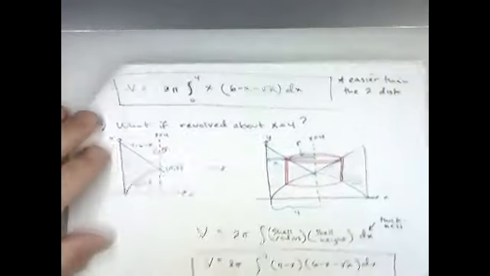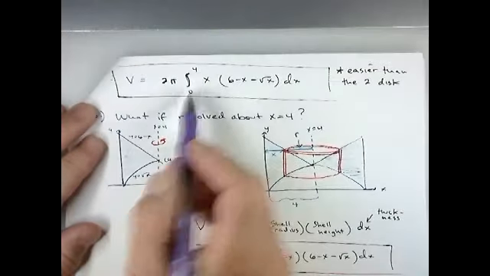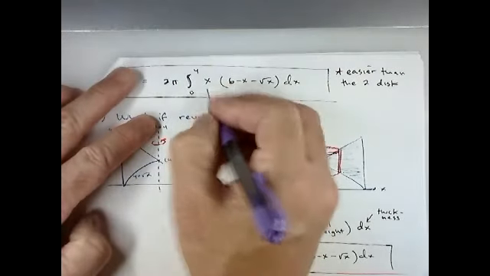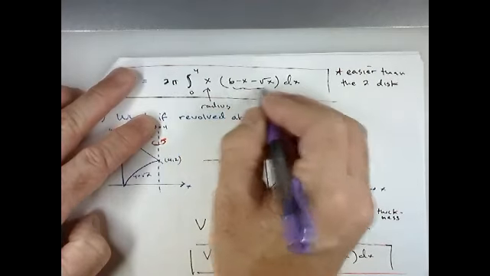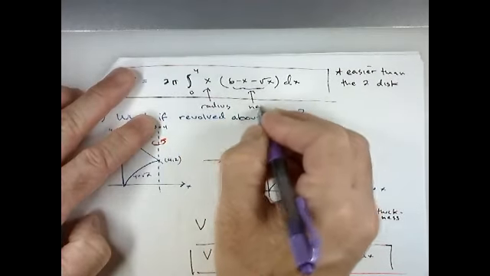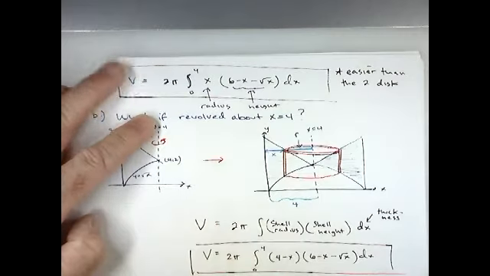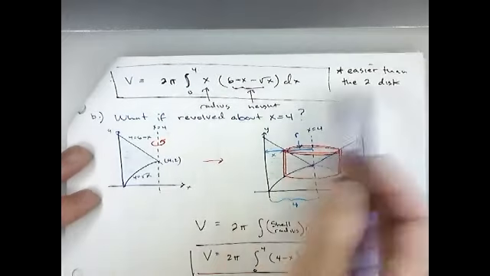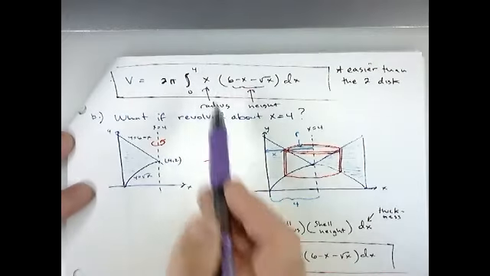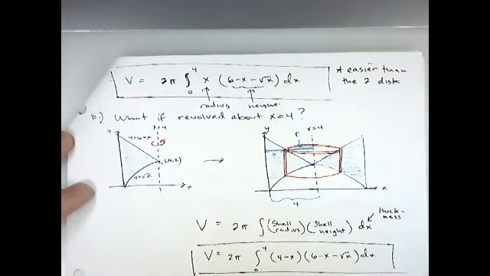So this is the shell radius, and all of this right here is my height. We won't evaluate this, but certainly this would be easier than trying to do the 2 integrals we had to do if we were doing the disk method.